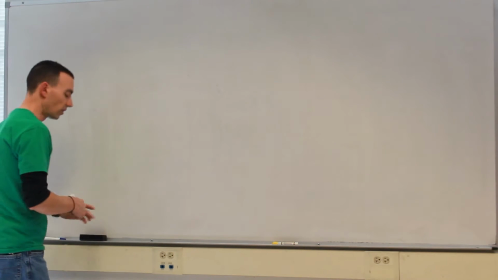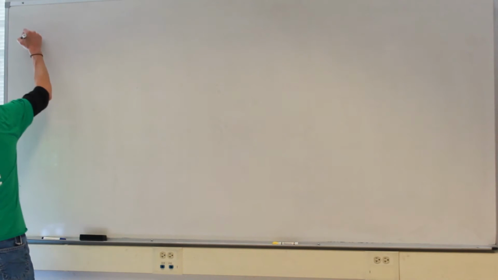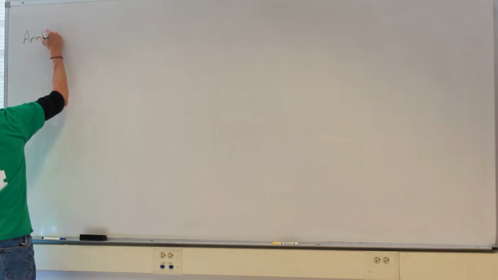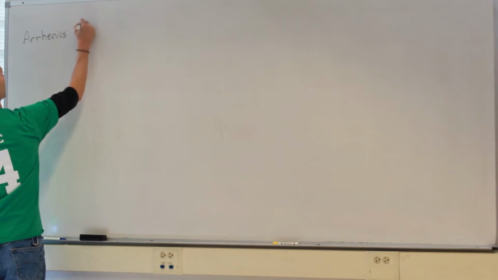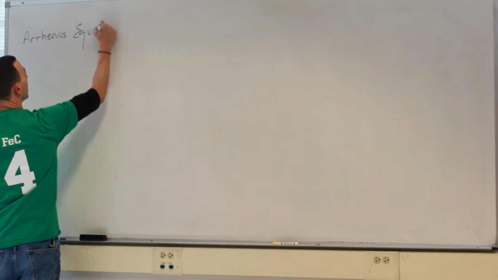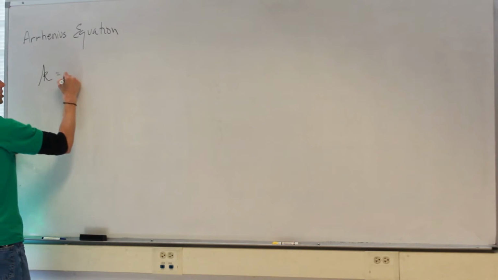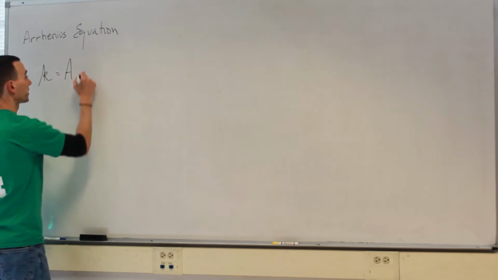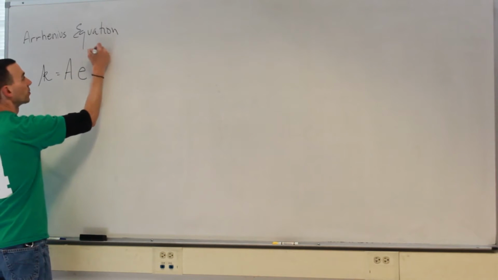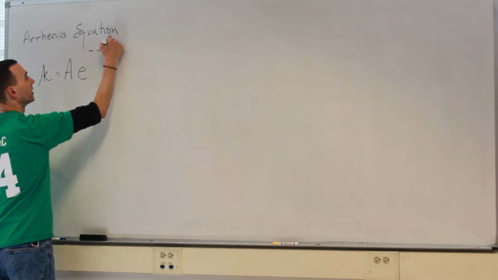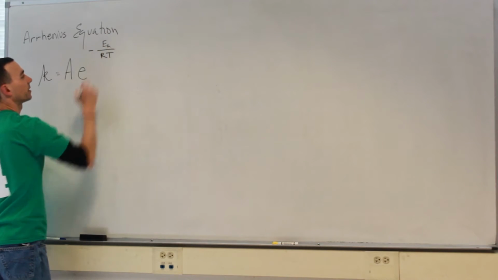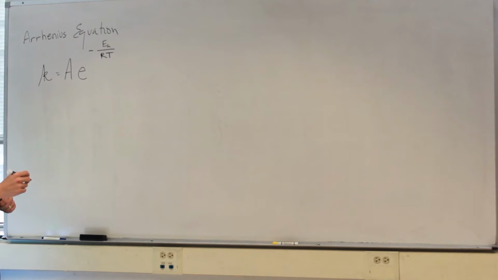This equation is known as the Arrhenius Equation. The rate constant K of a reaction is equal to the frequency factor times e raised to the negative E sub A divided by R and T.